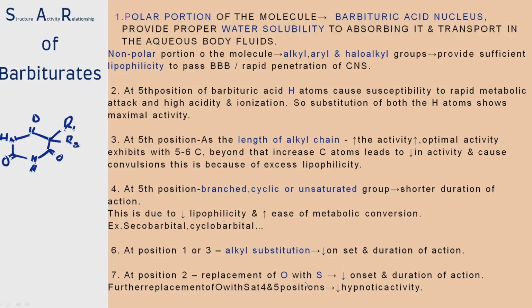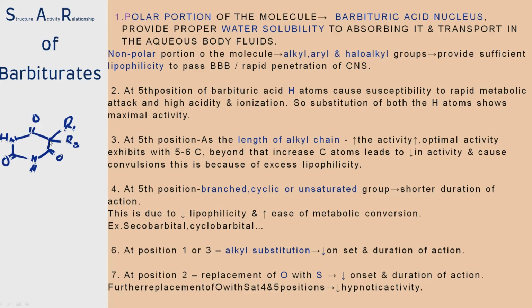SAR of barbiturates. Generally, to act on the CNS, to act at the barbiturate receptor, barbituric acid is sufficient, but only this nucleus cannot reach the brain because of the ionization reaction or other chemical reactions which immediately metabolize the barbituric acid.